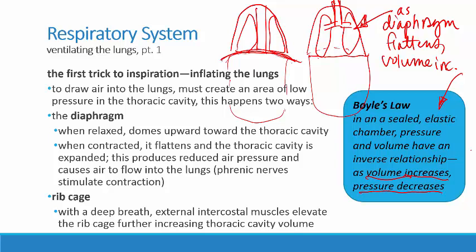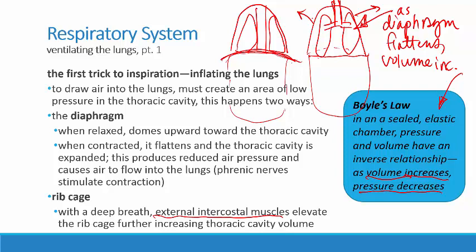Now, if we take a really deep breath, the external intercostal muscles, those are the muscles in between the ribs, cause the rib cage to elevate. So when you take a really deep breath, those external intercostals contract, the ribs rise, and that further increases the volume of the thoracic cavity.